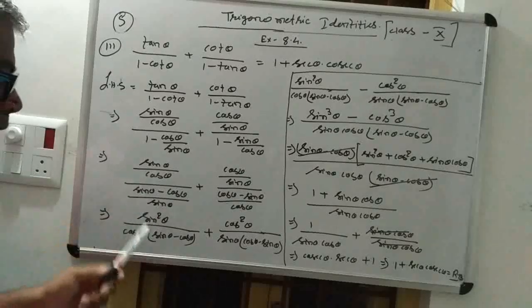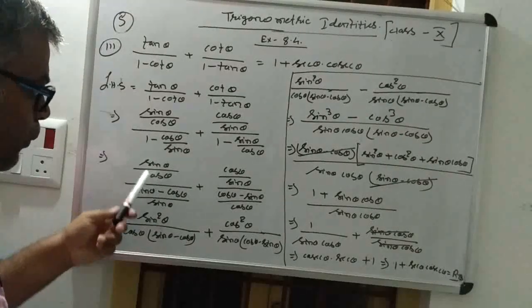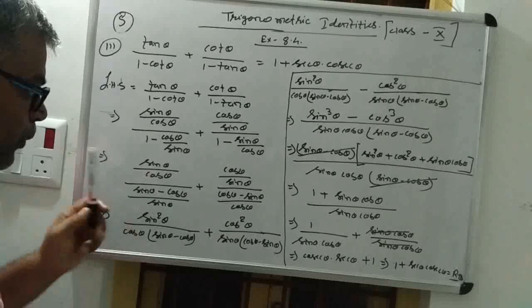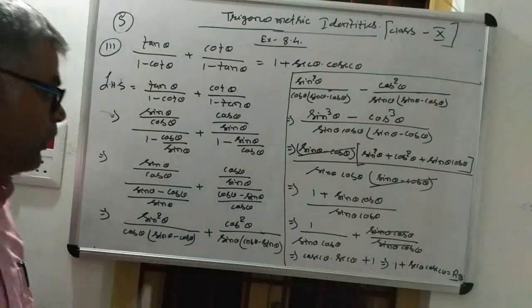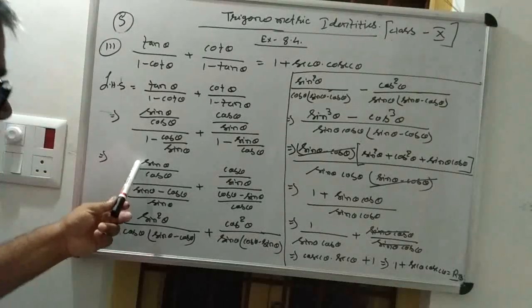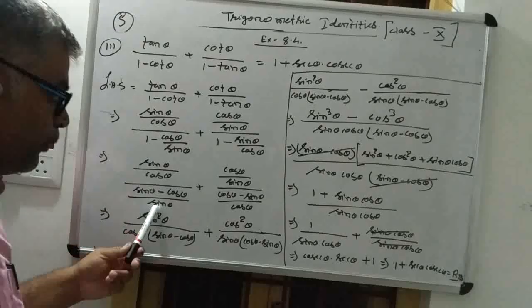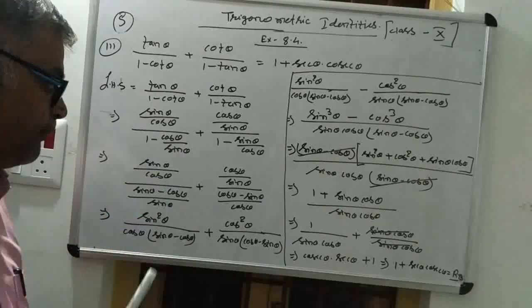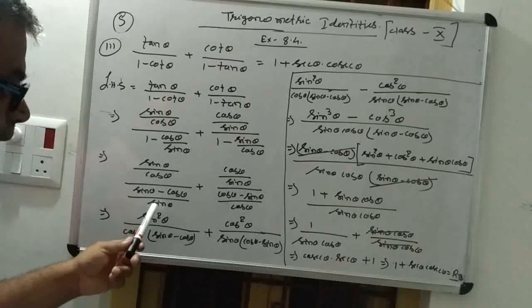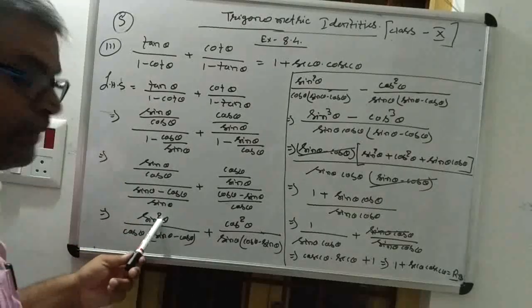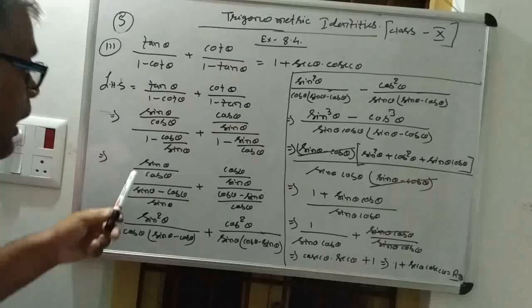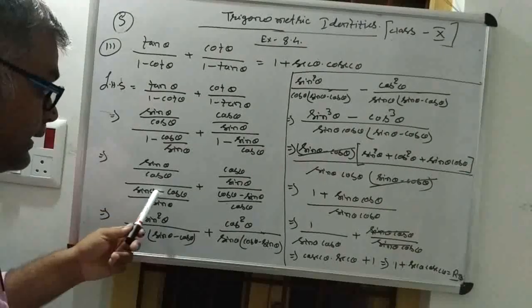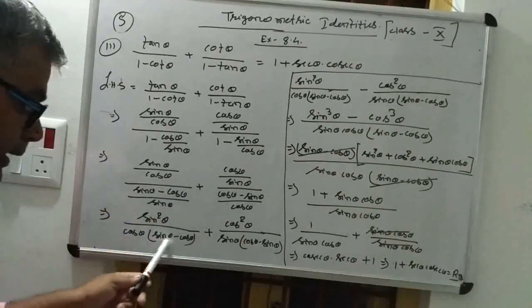As you know, these are four terms: 1, 2, 3, 4. The first term is multiplied with the fourth term and the second term is multiplied with the third term. So sin theta and sin theta will get multiplied, it will become sin square theta, and cos theta and sin theta minus cos theta will get multiplied.